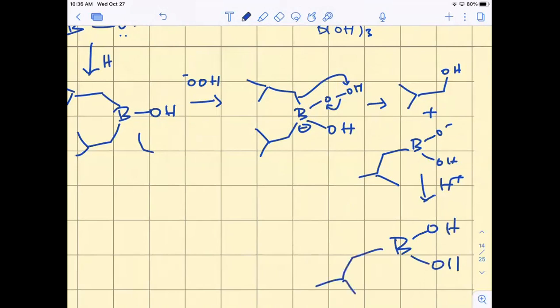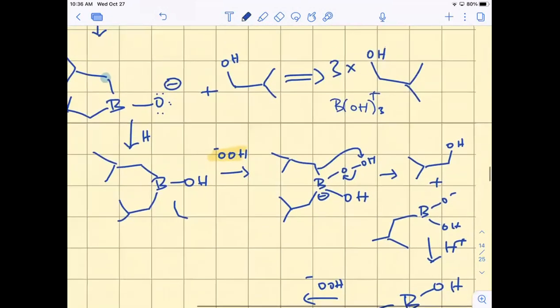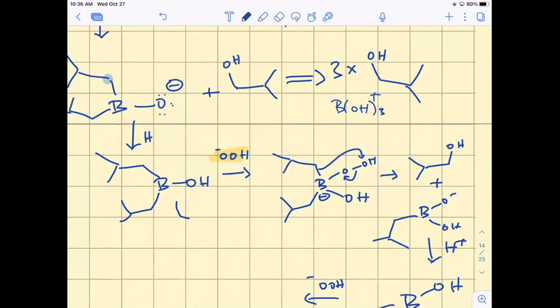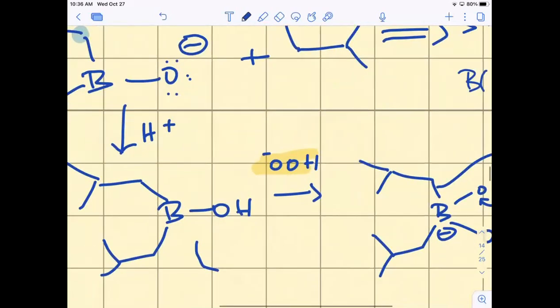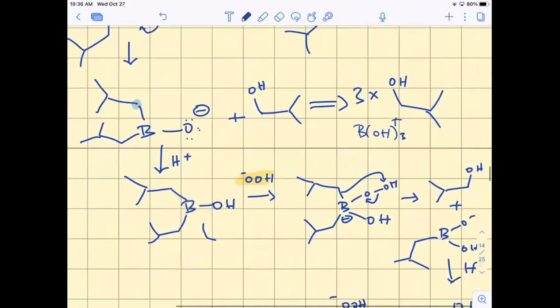Then I do it again. Take another peroxide anion and add to that, and the same thing is going to happen. So that's how I end up with the B(OH)3. You following that? Yes. And that's how I end up with 3 alcohols. That's why I put a 3X out here.